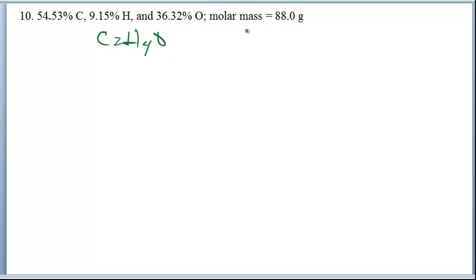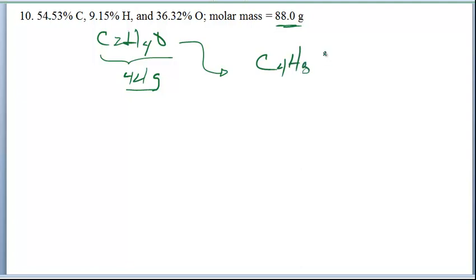And then when you determine the empirical molar mass, you'll find that this is 44 grams. And then when you compare the empirical molar mass to the molecular molar mass, you see there's a 2-to-1 ratio there. And so in order to get the molecular formula, you multiply everything by 2. And so that means you have C4H8O2. All right, and there's your molecular formula.